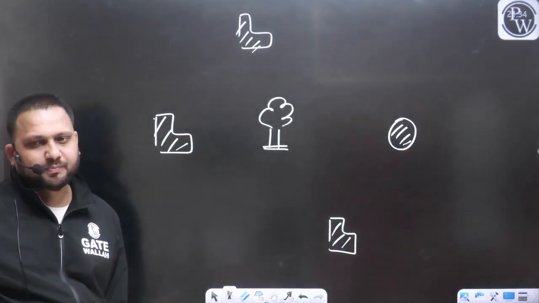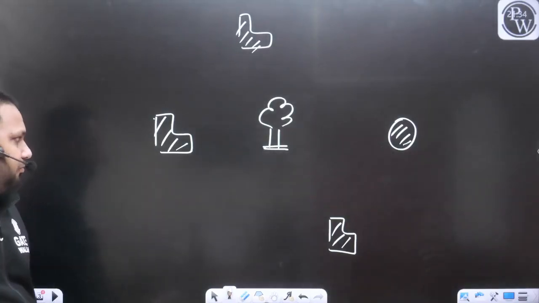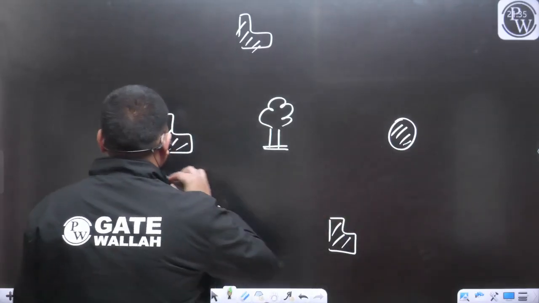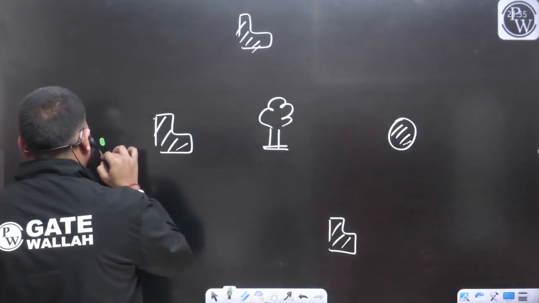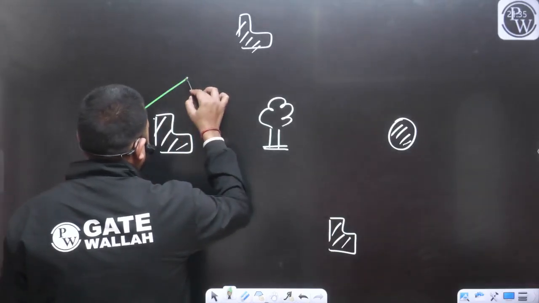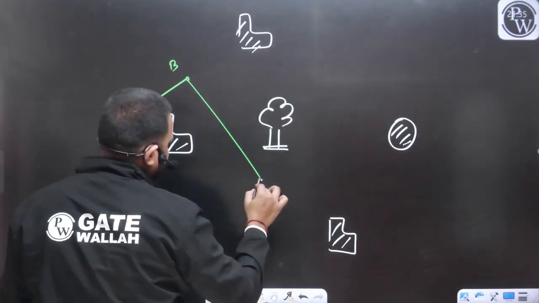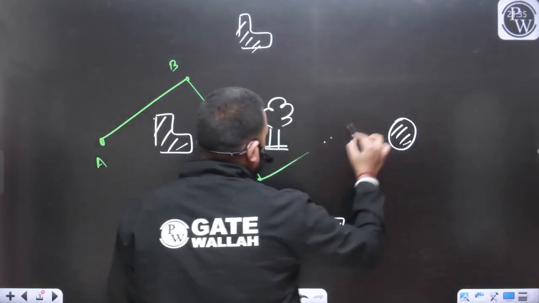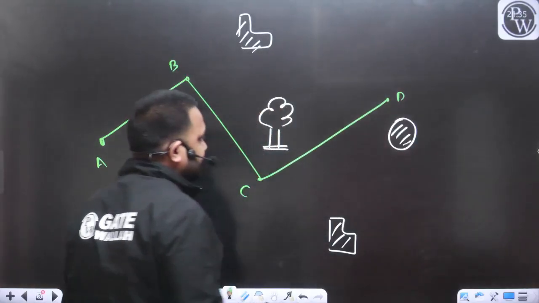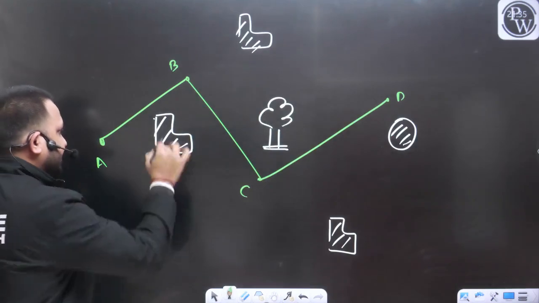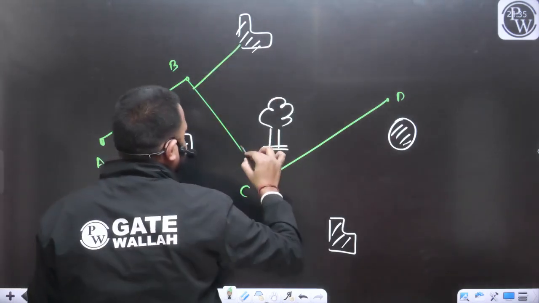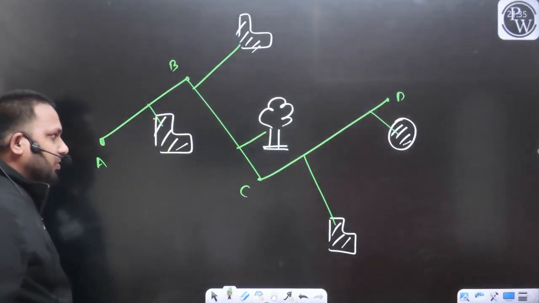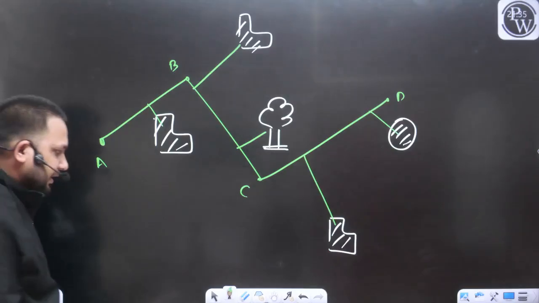First understand this point. I have decided that I will apply traversing. So I have drawn, for example, this is the point A, and I have drawn a traverse something like this, and with the help of this traverse or with the help of the offsets I am locating all these details.